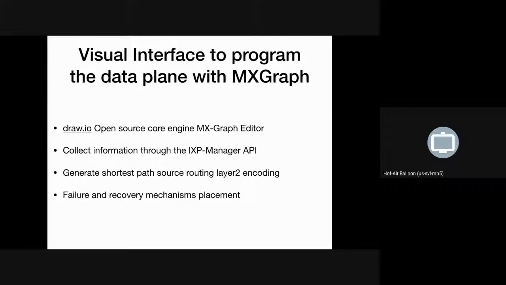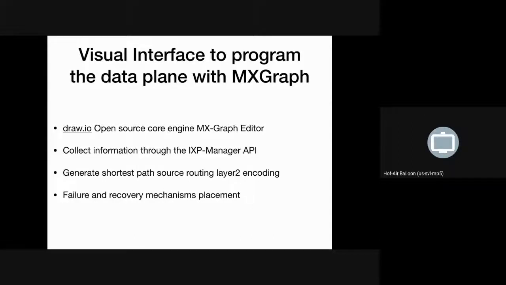Then MX Graph, as I mentioned, is an open source core engine coming from the Draw.io community that we modified, and we use the API from IXP Manager, so MX Graph is actually pulling information from IXP Manager.